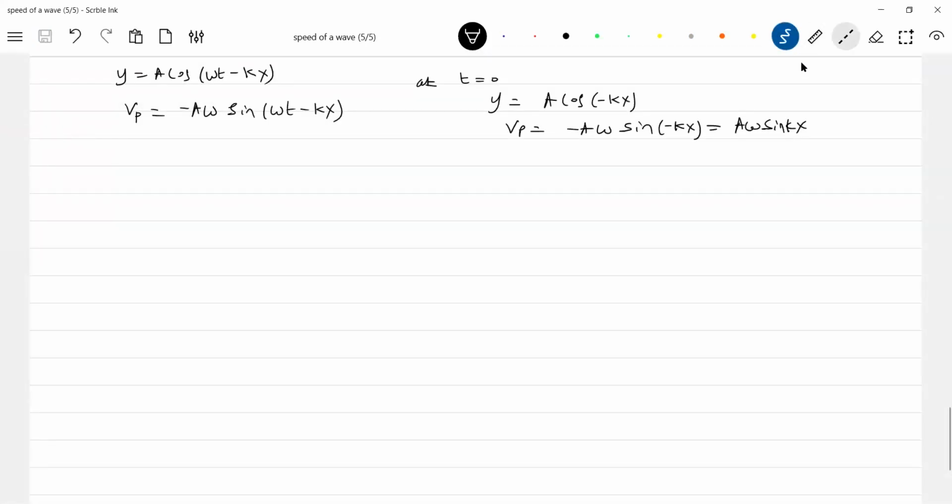So let's go for the plotting of the curve. What shall I do now?